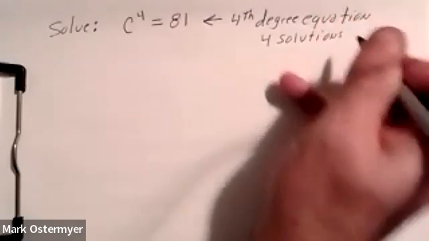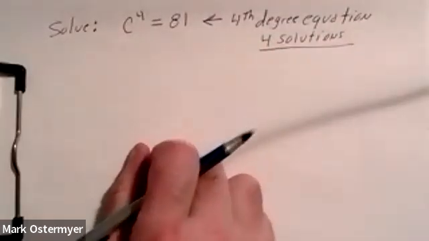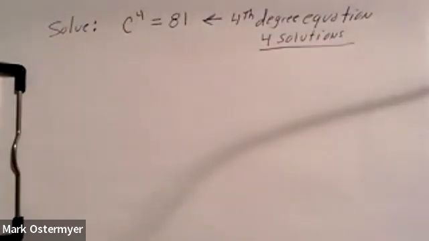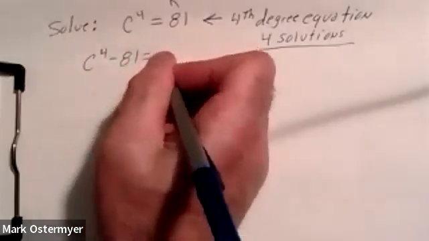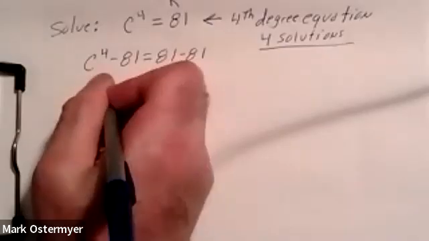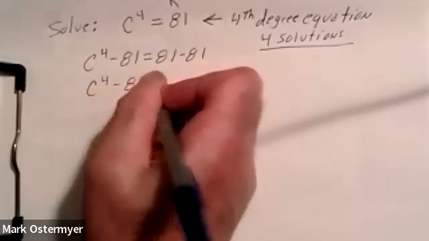There must be 4 solutions according to the fundamental theorem of algebra. How are we going to find these 4 solutions? We have to get the equation set equal to 0. How do we get it set equal to 0? Subtract 81. Let's minus off 81 from both sides, and when we do that, we will have our equation set equal to 0.